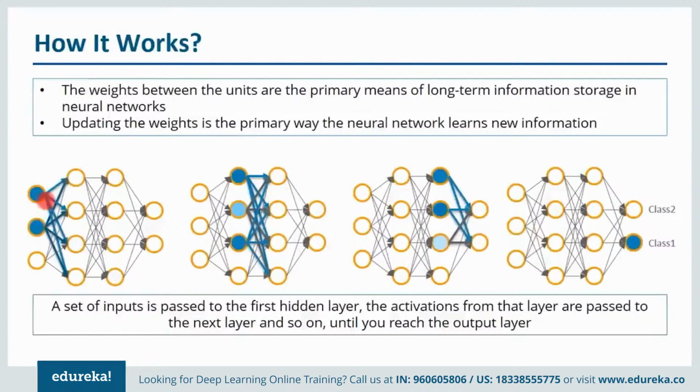This process from the input layer to the output layer is called the feed forward process. Then when we backpropagate in order to increase accuracy so that we can update the weights, that is called backpropagation. We'll understand backpropagation in more detail.